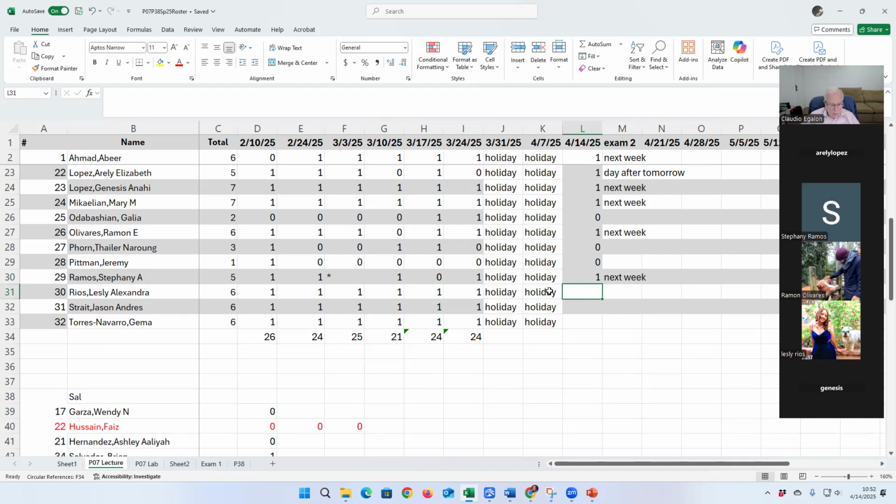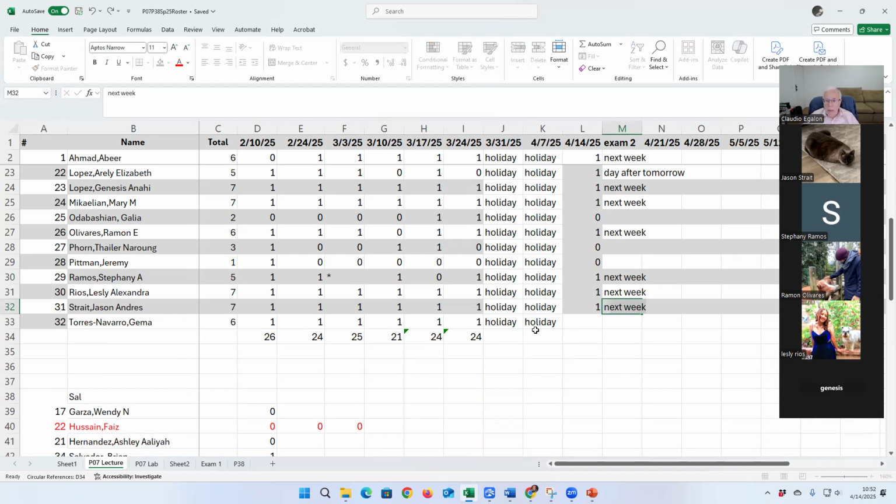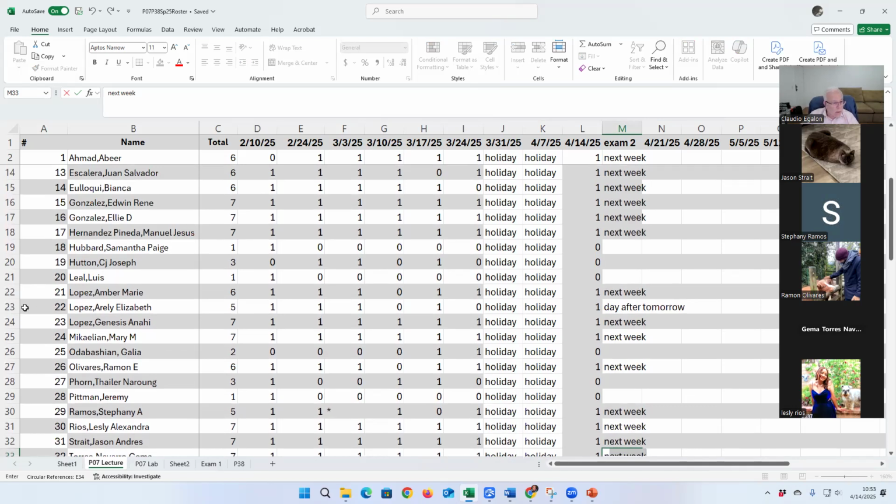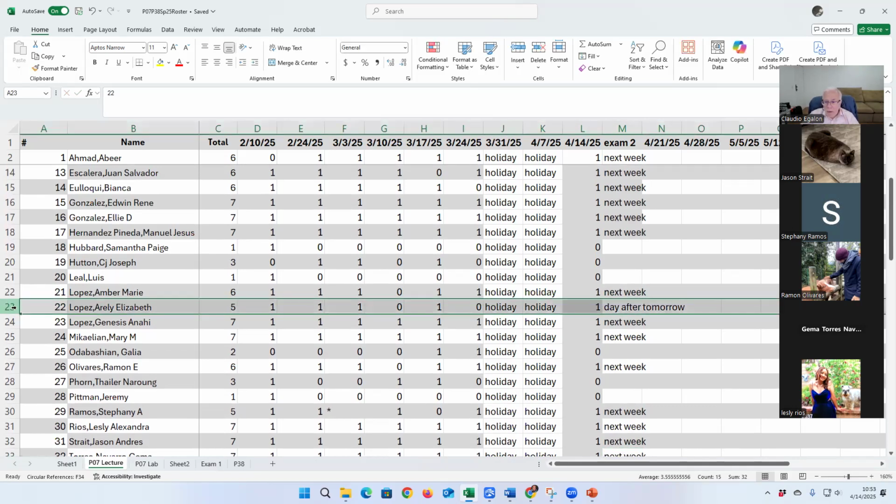I'm here, and we can do it next week. Next week, okay. Jason Strait. I'm here, and we can do it next week. Next week, okay. And Hema Torres Navarro. I'm here. We can do it next week. Next week, okay. Okay, so let's do next week, and that student can stay after office hours, okay? That student, Arely, right? You said you have to arrive a little bit later if it's going to be next week, is that right?